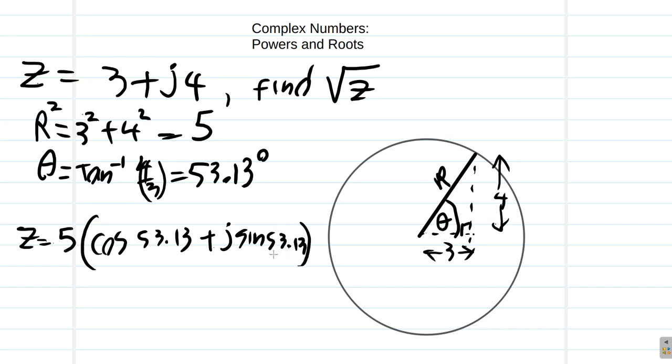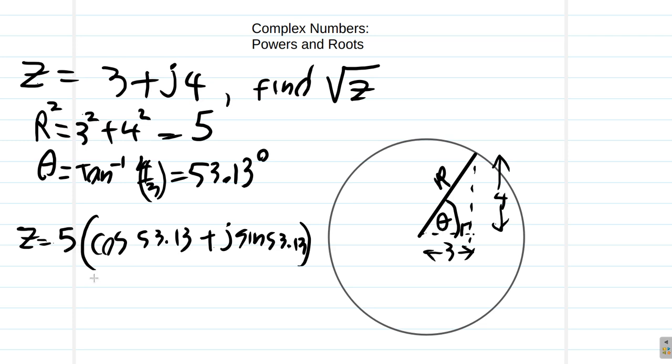If you find the cos of 53.13 and multiply it by 5, you're going to get 3. And then if you find the sine of 53.13 and multiply by 5, you're going to get 4. But anyway, this is the complex number.